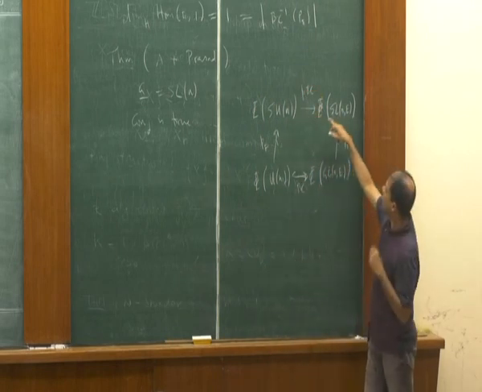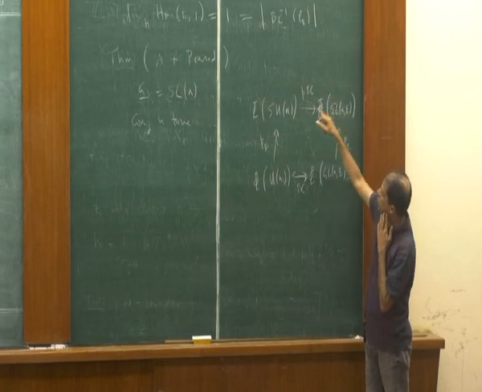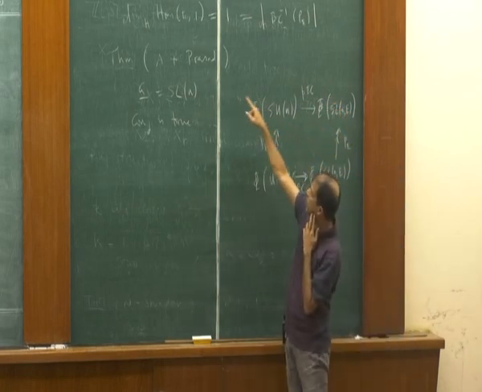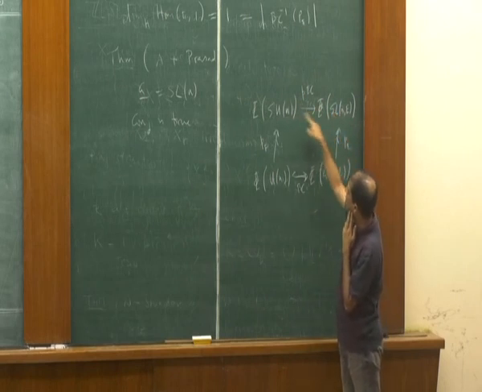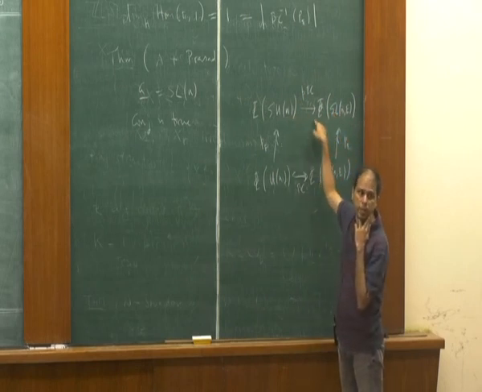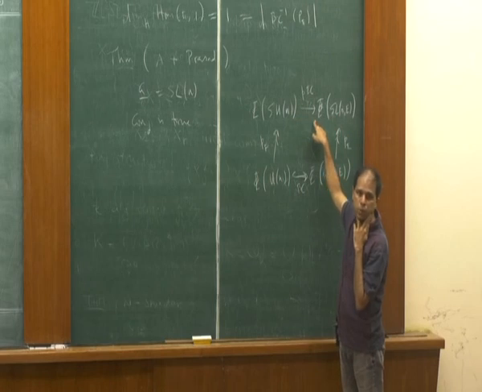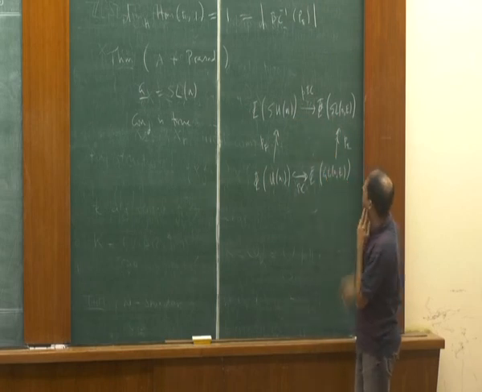What one has to say is, if pi is a representation of SLNE, that the dimension is the cardinality of the fiber of this particular map. This is what the theorem should say. Yeah?